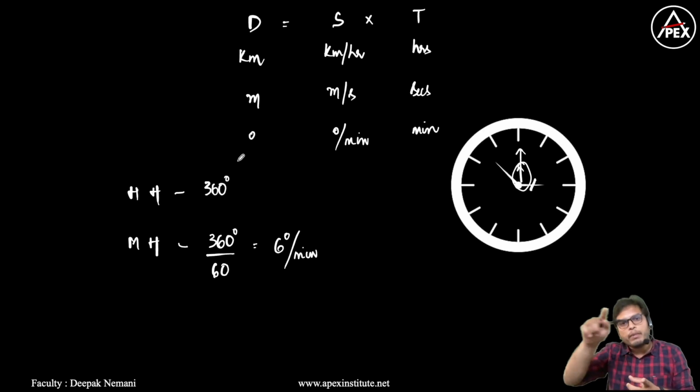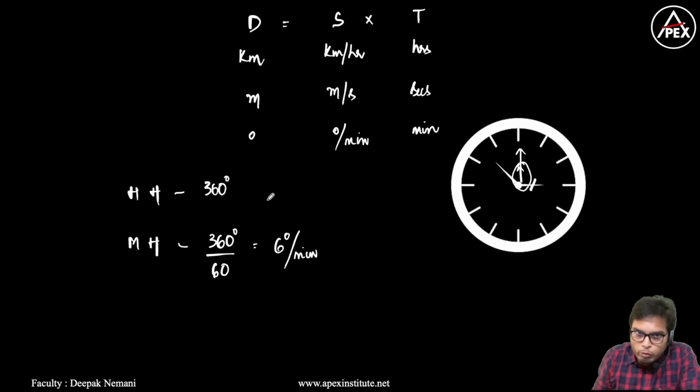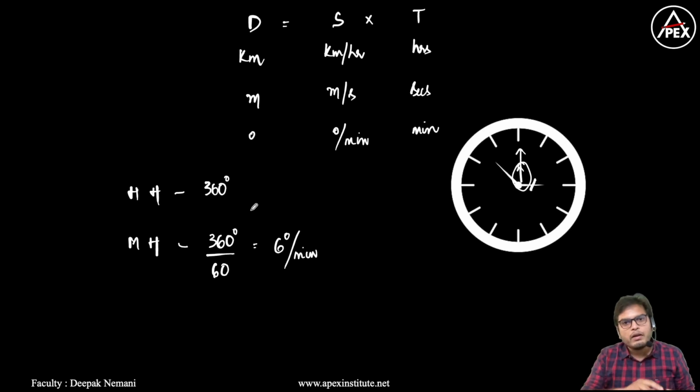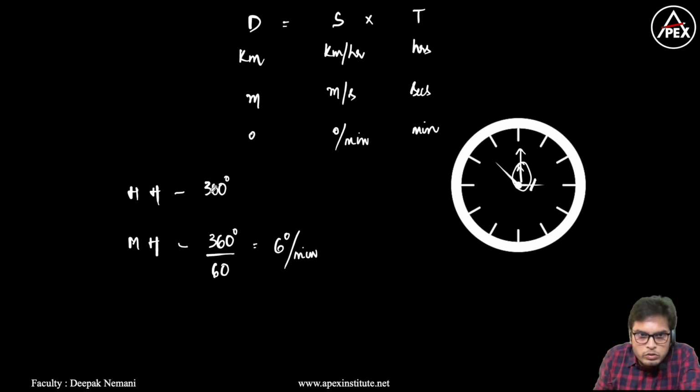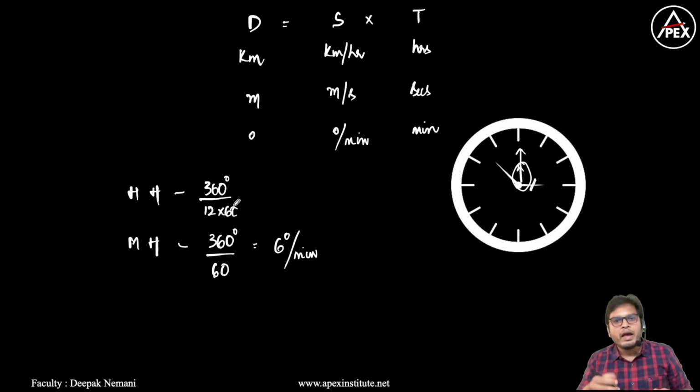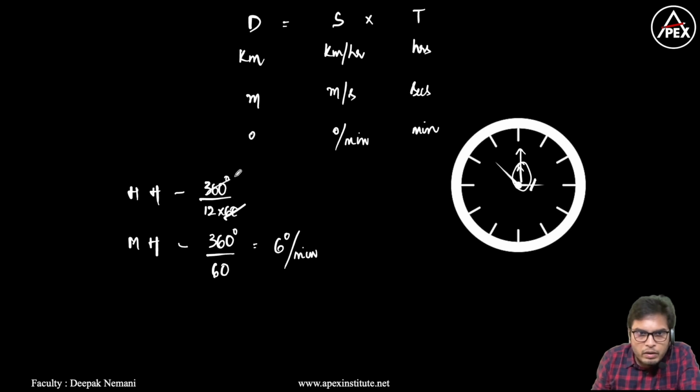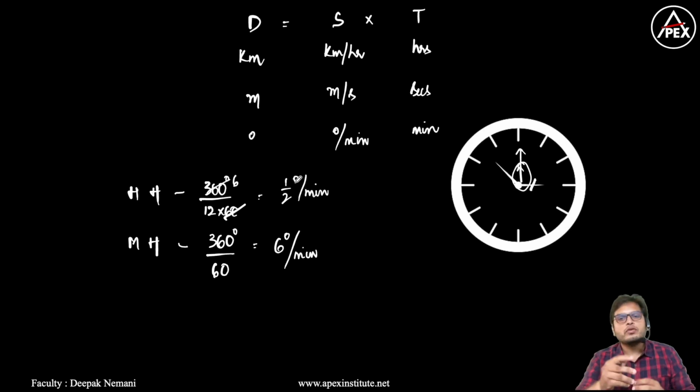That means it will be completing one rotation in 12 hours. So 12 hours, let me convert that to minutes: 360 by 12 into 60, because we have 60 minutes per hour. So this is nothing but 6 by 12, half degree per minute. So the speed of hour hand will be half degree per minute, right?